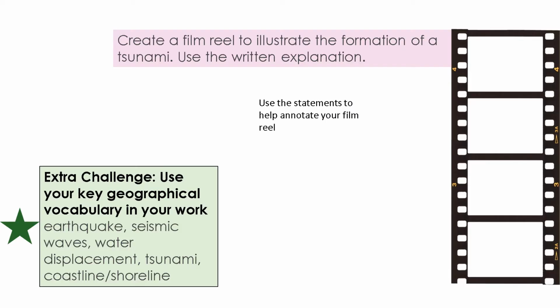Okay, this is the element here where if you were in that lesson, you potentially have already done this. So if you've got this in your geography book, don't feel that you have to do it again, or you might want to do a better one. The idea is to use the information from that video that you just watched, the animation on the causes of a tsunami and how it happens, to make your own image to illustrate what happens.